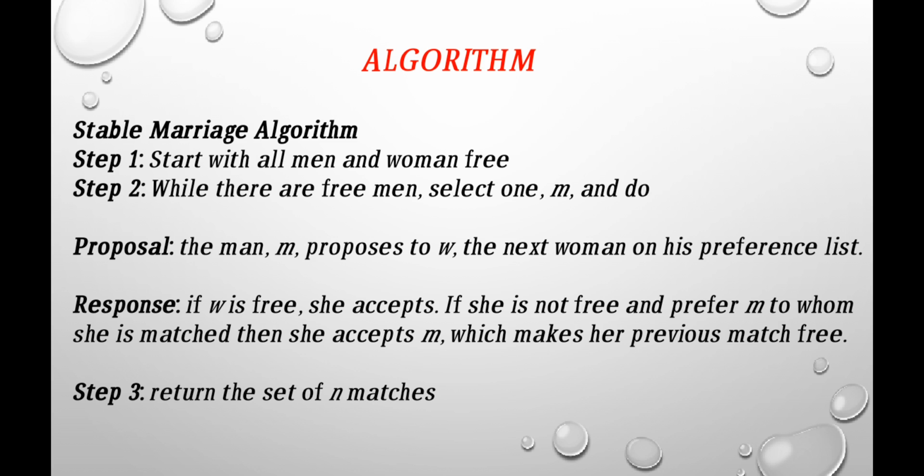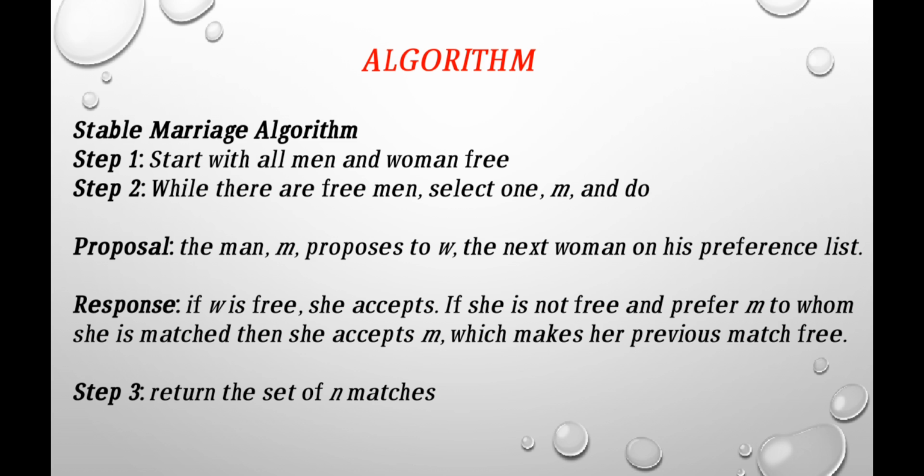If W is a woman and the man proposes, and if W is free, then she accepts. If she is already engaged with some other man, she declines or rejects the current proposal. If the current proposal is better than the previous proposal, she can also accept.